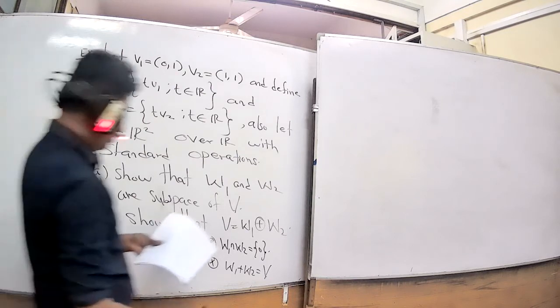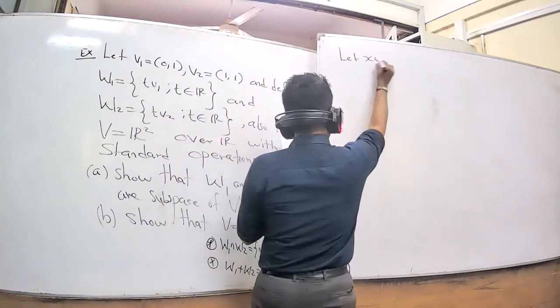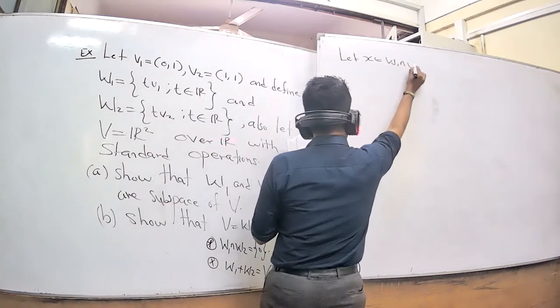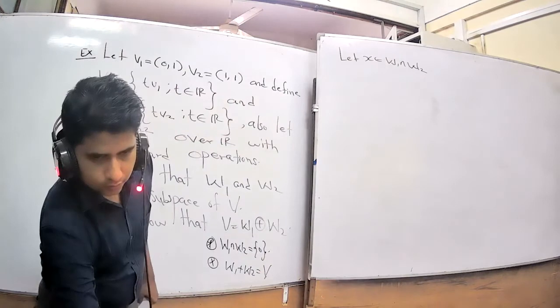Let x belong to W1 intersection W2. Our claim is you want to show that x equals 0.